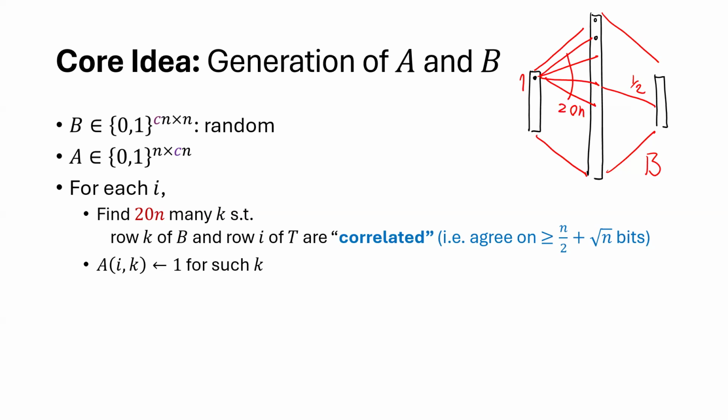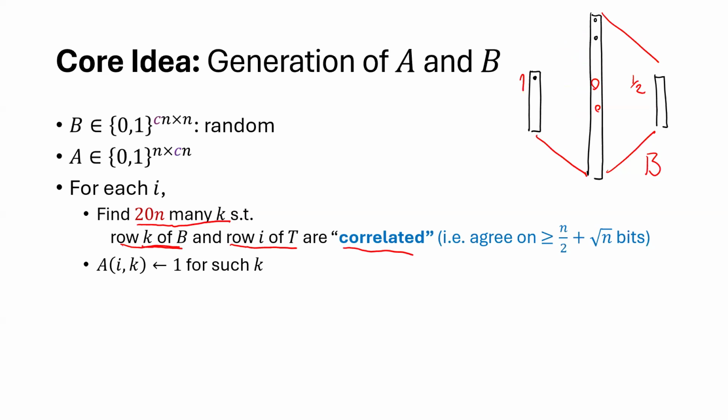The question is who I'm gonna put these edges to, but there's gonna be 20n many. And which k? I choose k such that the kth row of B and the ith row of T are correlated. They look the same.